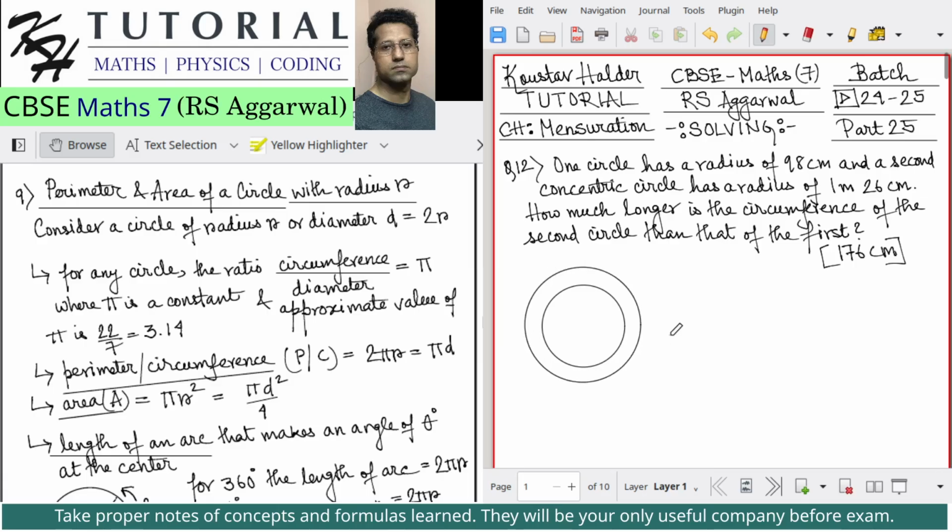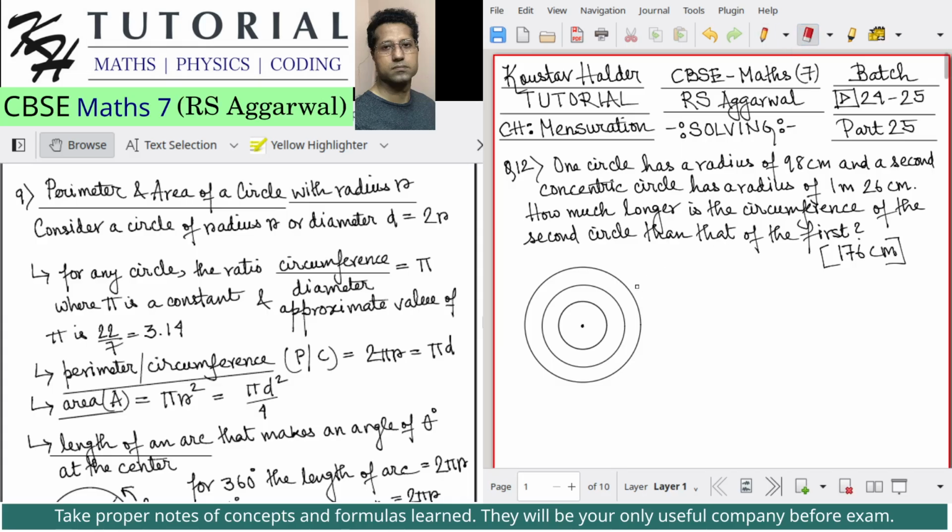These two are concentric circles. Also, I can draw the circle inside any circle. So these are all concentric circles. The important concept is that all concentric circles have the same center. Their center is common. So these are concentric circles.